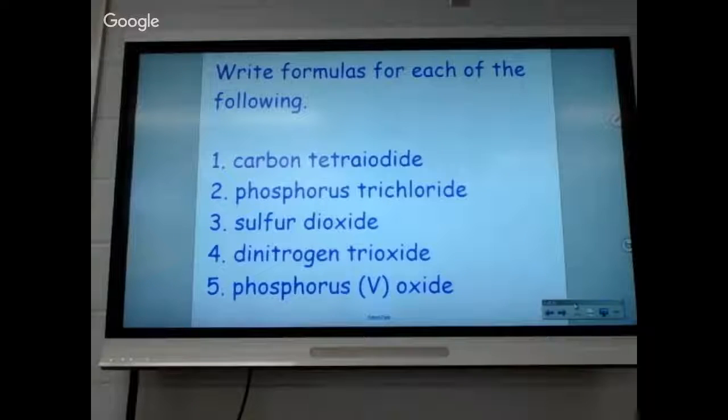Draw a line halfway through the page, and on the left side do it in the stock system, and on the right side do it in the old system. If I check homework and you only named it in one system, you're getting a 50. I want it in old and in stock. 2 through 12, that's right.